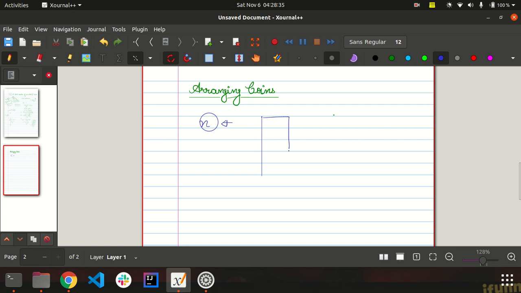So in stairs, what I mean is in the first row we can only fill one coin, in the second row we can fill 2 coins, in the third row we can fill 3 coins, in the fourth row we can fill 4 coins, right? So similarly, in the kth row we can fill k number of coins.